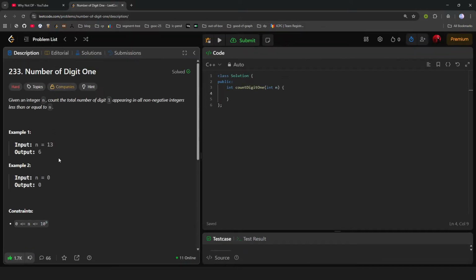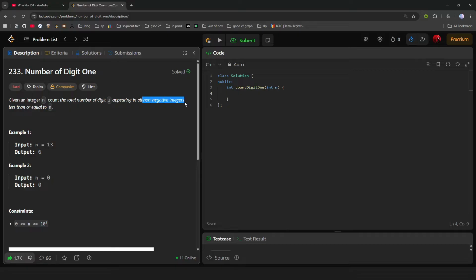The second thing is that you have to return the count of only specific digits in a range. But where is the range here? We saw in the previous video that a range was given directly, but here the range is not given directly. You are only given this integer n, but you are also told that you have to return the count of digit 1 appearing in all non-negative integers.